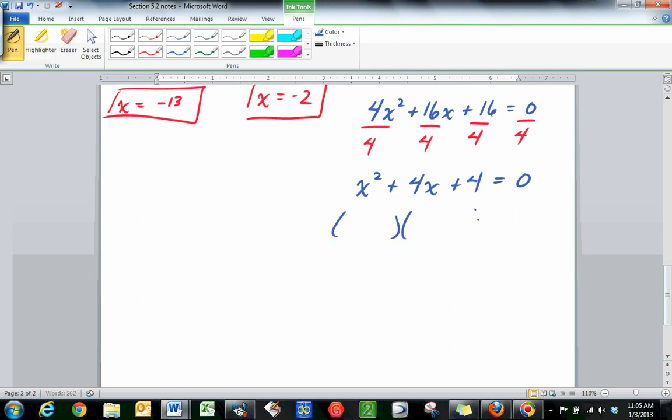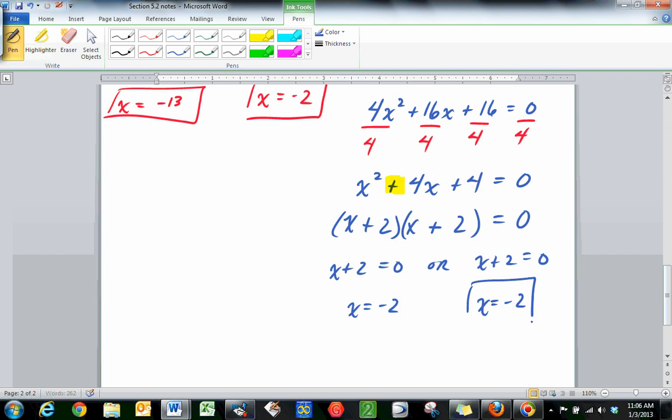So if I break this up into 2 parts, I have x and 2 and x and 2, and of course my middle sign is a plus, so it's going to be plus and plus. I could write this as x plus 2 squared, or I could simply break this up into 2 parts as we've been doing and have the same exact answer for my 2 solutions.